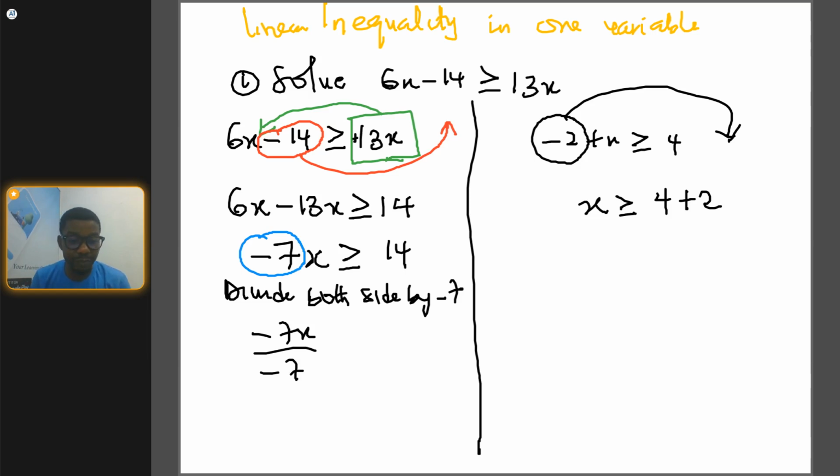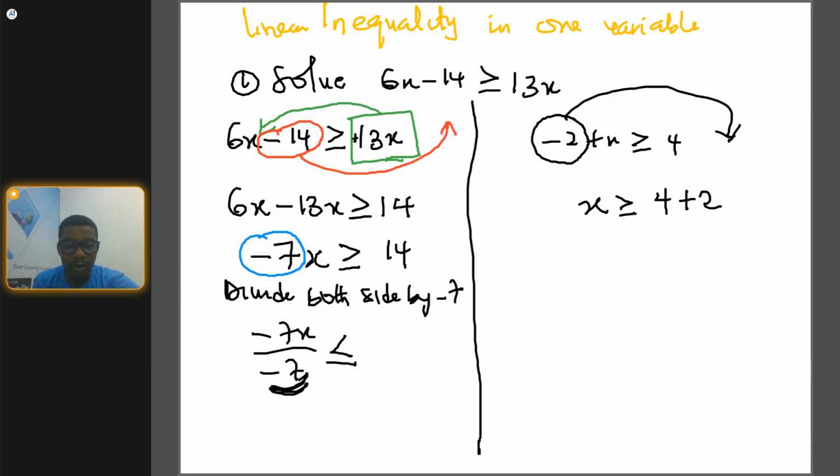Now, because we are dividing by minus 7, okay, follow, when you divide by minus 7, it means that you are dividing by a negative integer. So dividing by a negative integer, you are going to have the inequality sign change from greater than or equals to, to less than or equals to, because I am dividing by minus 7.